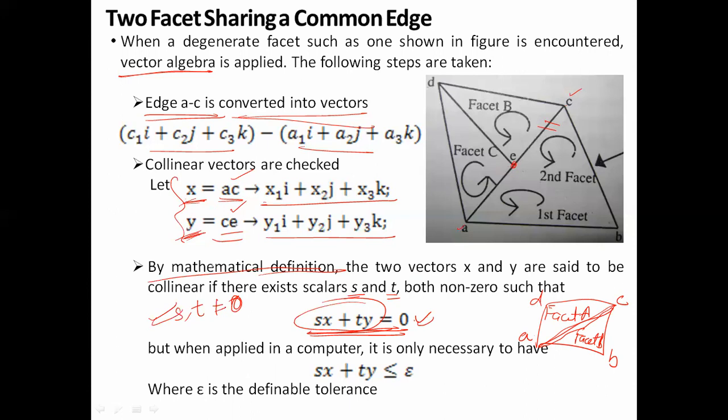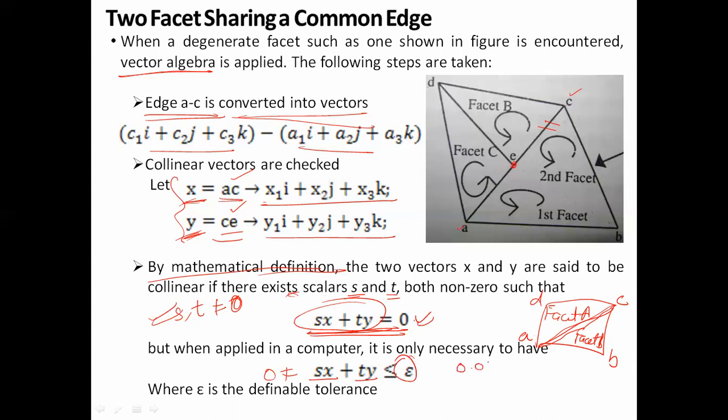But when you apply this equation in an algorithm, definitely you need to give some sort of tolerance, because these values will not come out to be exactly zero. So we define a predefined tolerance.